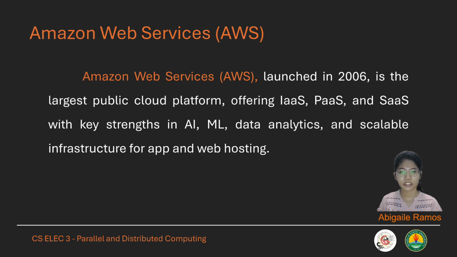Next, Amazon Web Services. It is currently the largest public cloud platform among the three, and it offers all three major cloud service models: IaaS, PaaS, and SaaS. Its key features include advanced capabilities in artificial intelligence, machine learning, data analytics, and scalable infrastructure solutions. Its common use cases include app and web hosting.